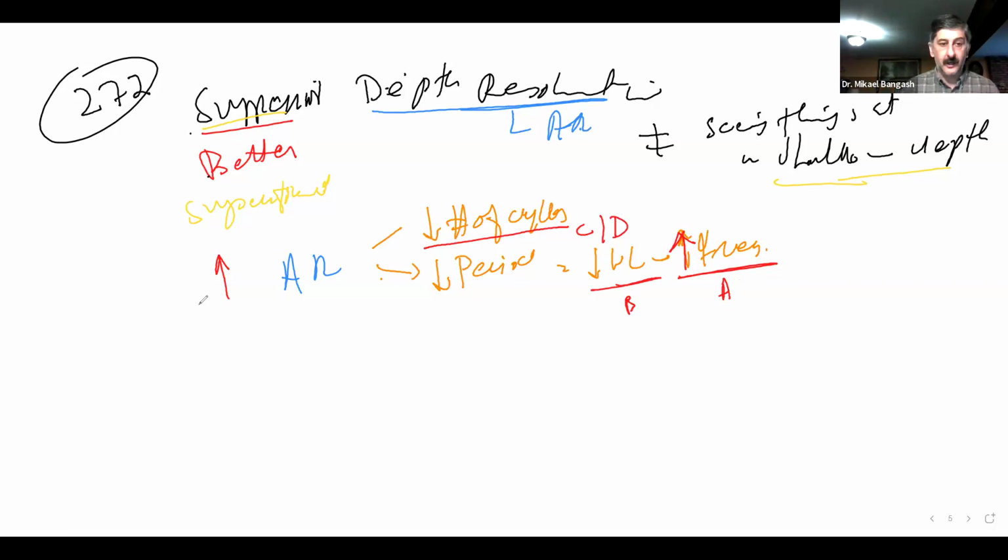So in this case, all the options that we were given were going to give us improved or better axial resolution. Did that make sense?